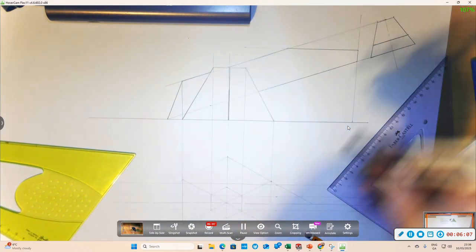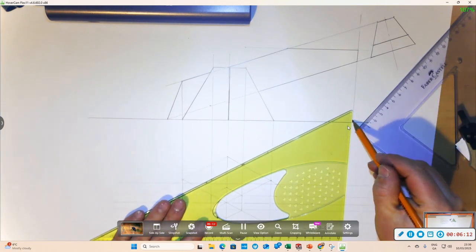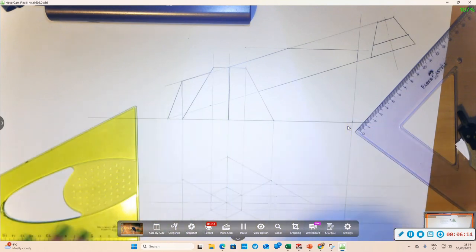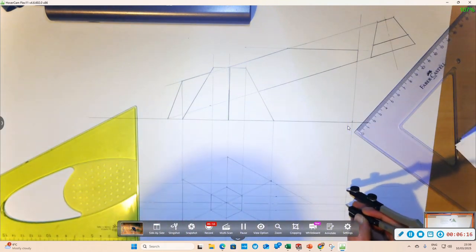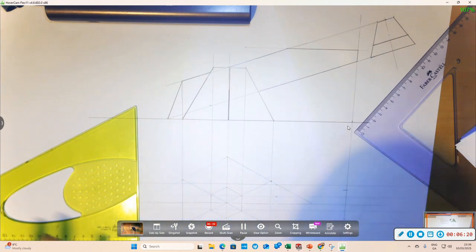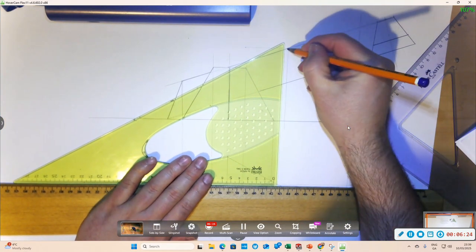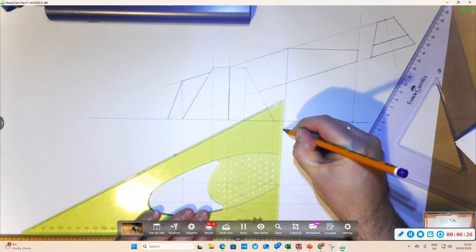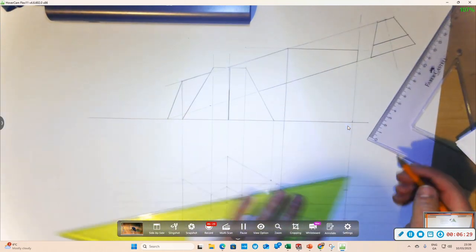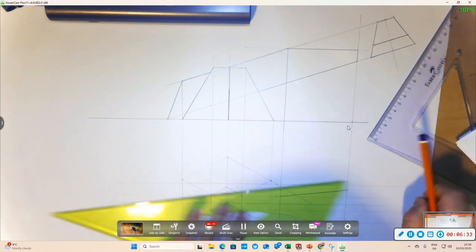Now I'm going to drop this down here in plan. I'm going to put it on my center line, step it there, and there, and then I can drop this from elevation down, and I can connect these together.